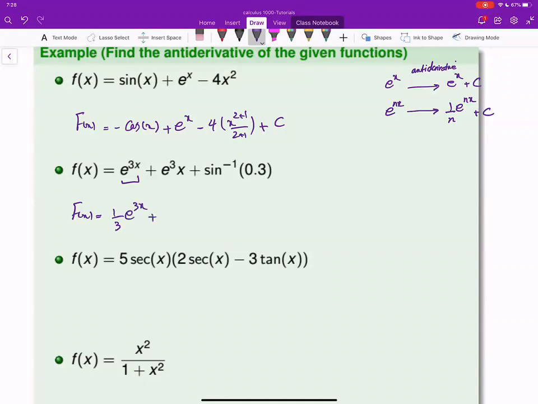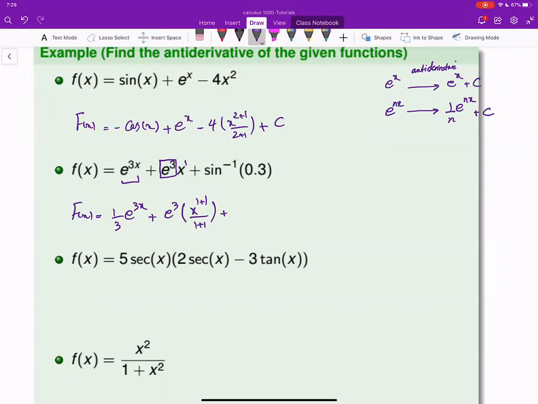plus the antiderivative of e to the power 3 times x. You have to be careful here a little bit. This guy is a constant times x. So the constant, you can write it there. x is x to the power 1. Use the power rule for the antiderivatives, and that will give me this piece here. Plus, what is the function whose antiderivative is sine inverse of 0.3?